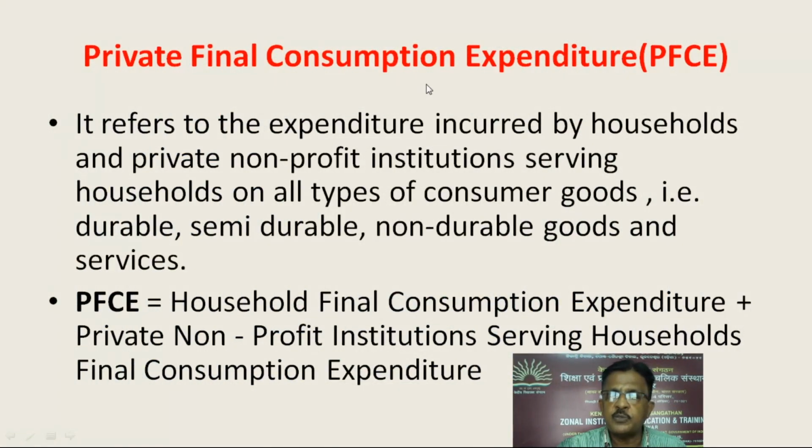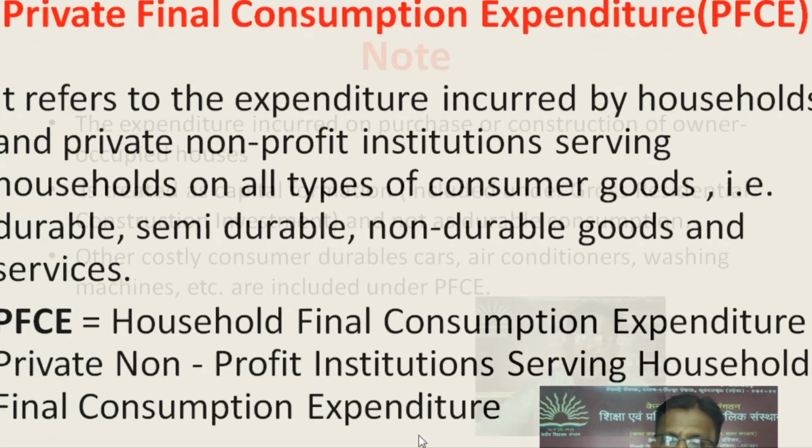Private final consumption expenditure, PFCE, is the first component of the expenditure method. It refers to the expenditure incurred by households and private non-profit institutions serving households on all types of consumer goods, that is durable, semi-durable, non-durable goods and services. The private final consumption expenditure is equal to household final consumption expenditure plus private non-profit institutions serving households final consumption expenditure.